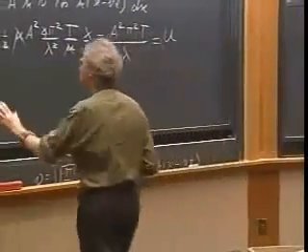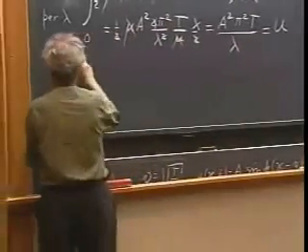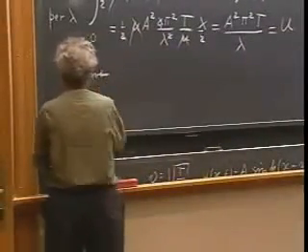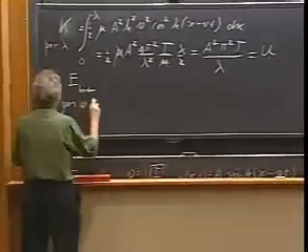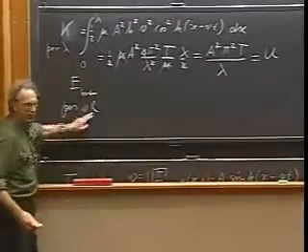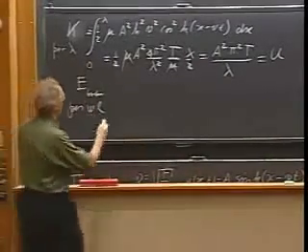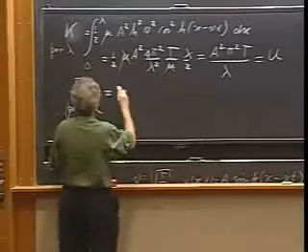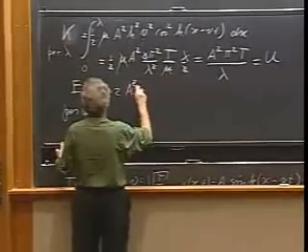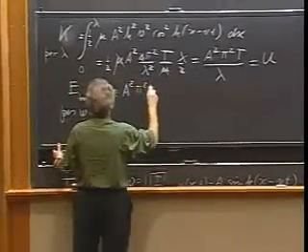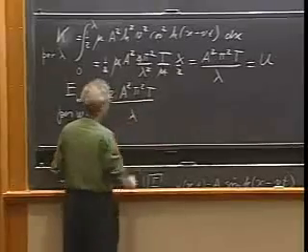So that means that the total energy per wavelength, so now I write down E total, again per wavelength, WL stands for wavelength, not for Walter Lewin, but for wavelengths. The total energy per wavelength is now twice that, so it's 2A squared times pi squared T divided by lambda.